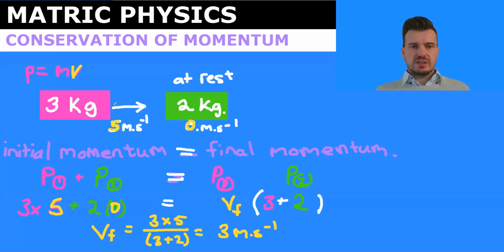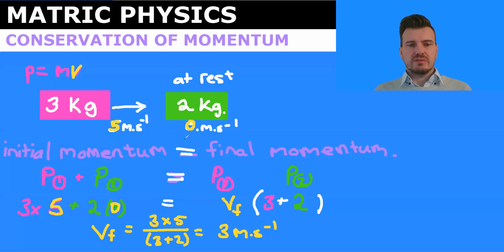You have the initial momentum, which would be the objects at the beginning, and then the final momentum. And what they can do is, once they give you the velocities initially, then you can work out the final velocity. Now, they don't necessarily always join together.